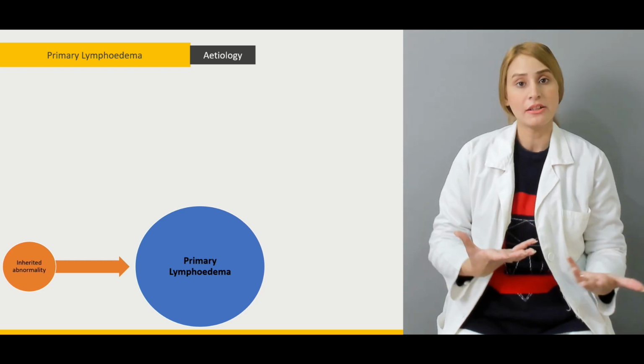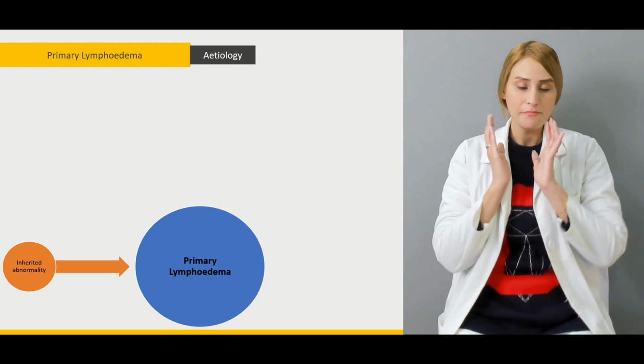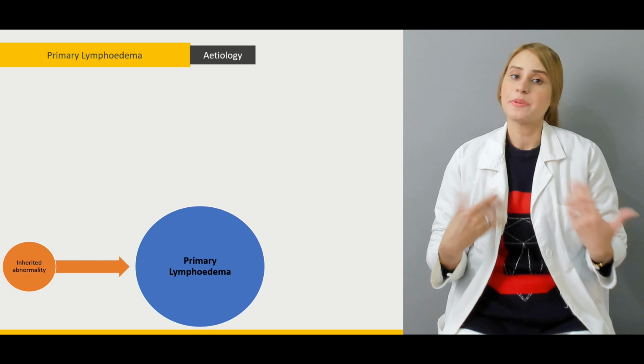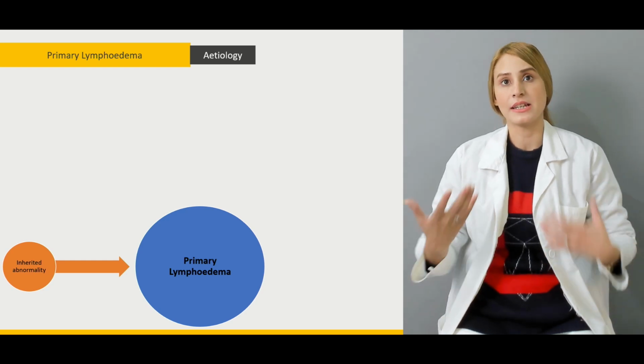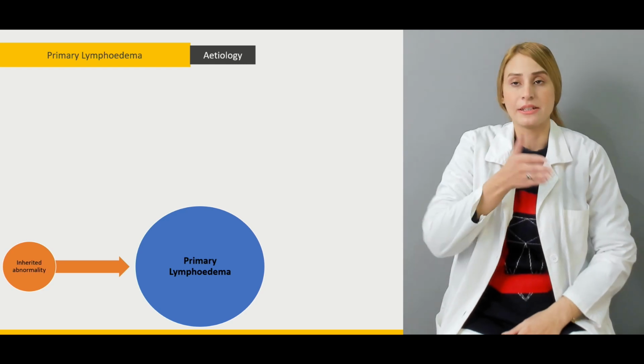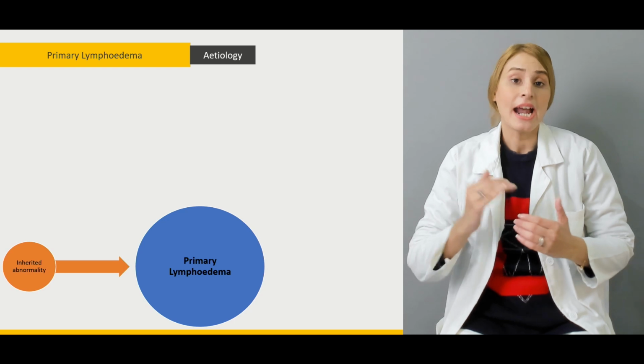So what do we mean by familial cases and sporadic cases? The familial cases are the kind of lymphedema which runs in families, because a particular mutation is inherited.